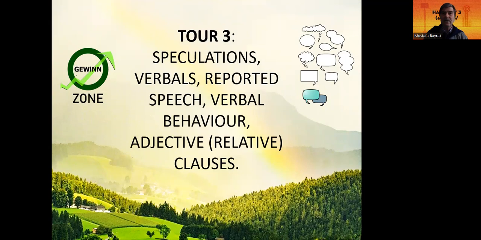This video will be about speculations, modal perfects, and the second video will be about verbals. The other eight videos successively will be about reported speech, and as in if clauses, conditional sentences, it has a lot of parts.